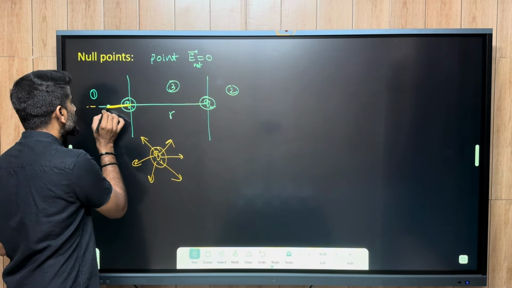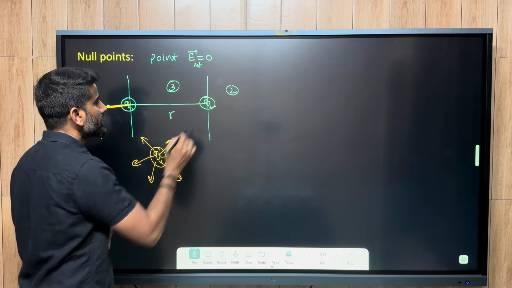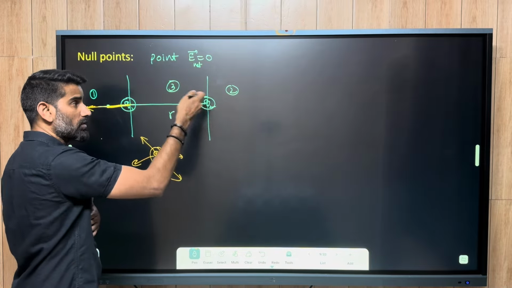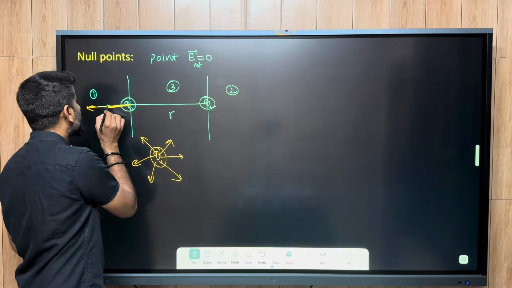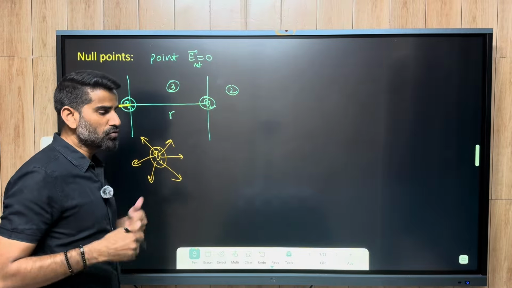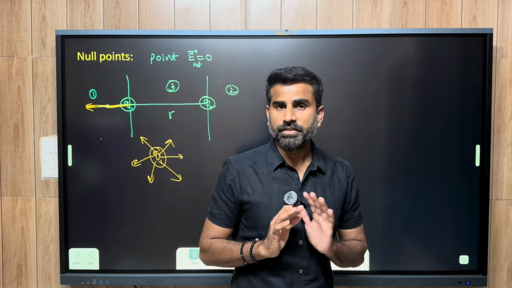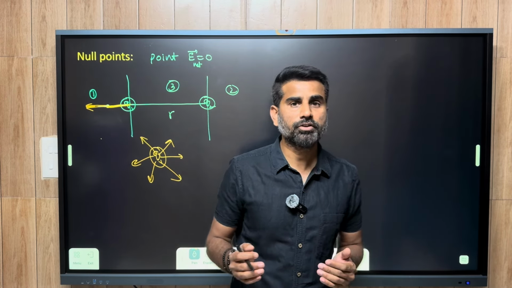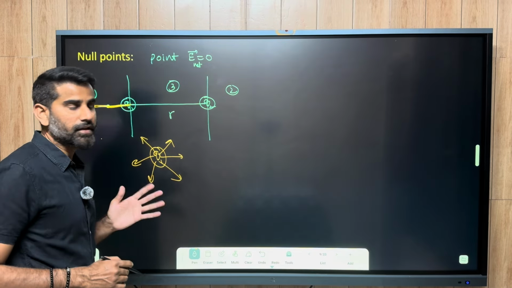So at the point of interest, the field is along this one, left side. And the field due to Q2 will also be in the same direction because this is also a positive charge, and the point of interest is the same. When two fields are acting in the same direction, there is no possibility for the net field to be 0. So the net field can not at all be 0.